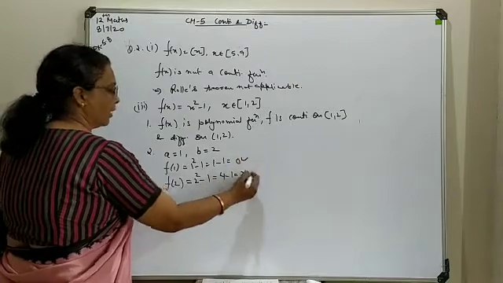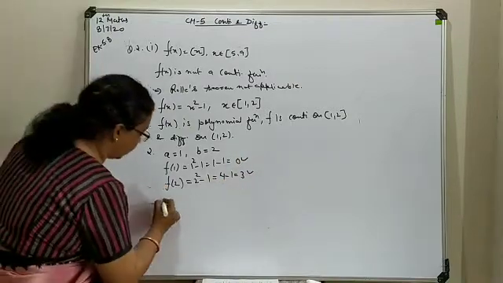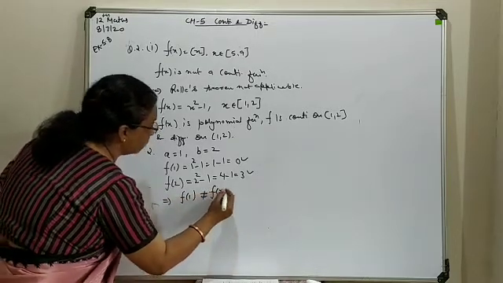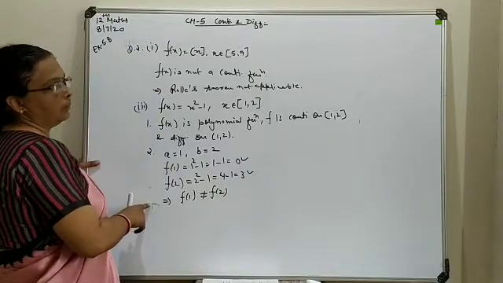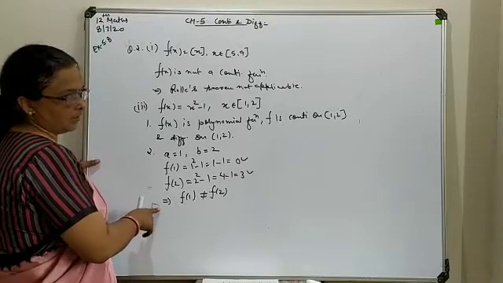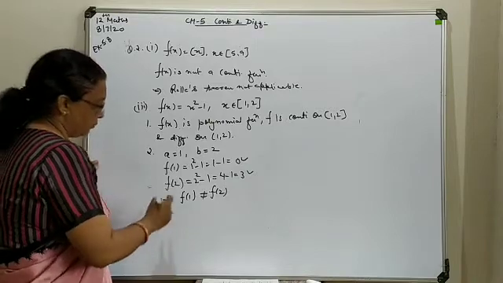If you look at these two values, you will find they are mismatched. So f(1) is not the same as f(2), which was the second condition to be satisfied to implement Rolle's theorem.